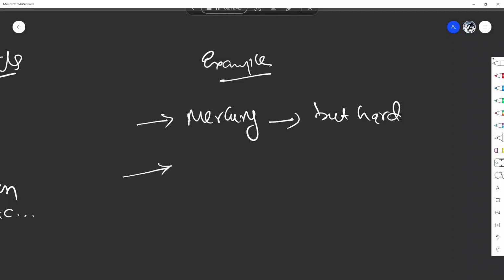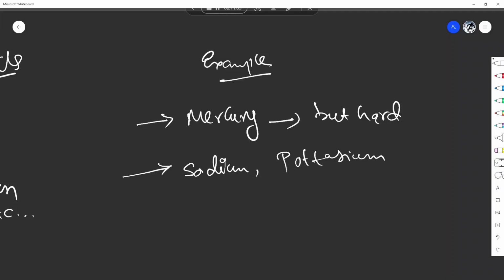And next, you can see sodium and potassium. These are also metals. Though they are solid, you can cut them or break them into pieces easily using a knife.